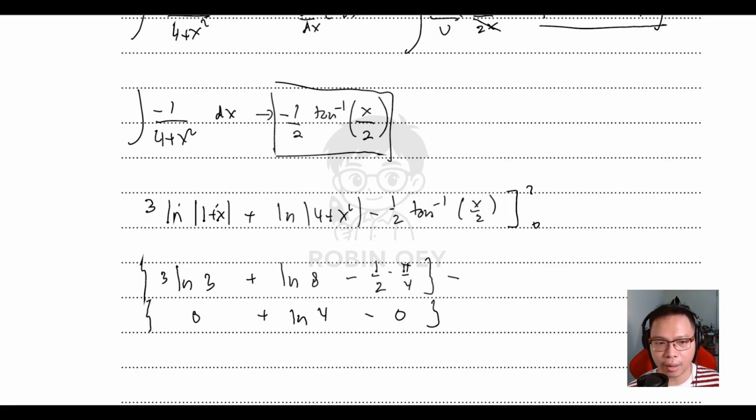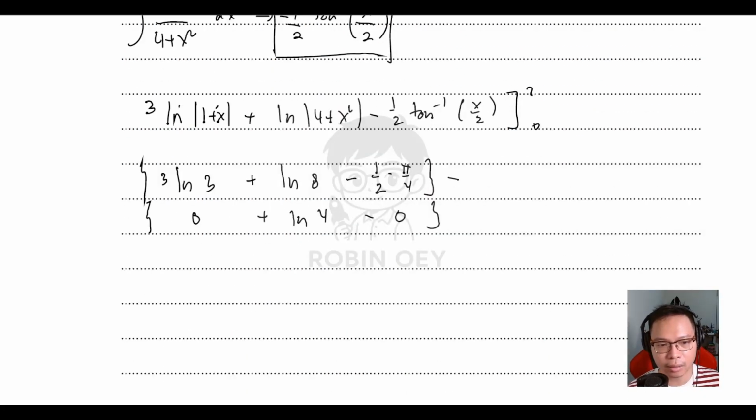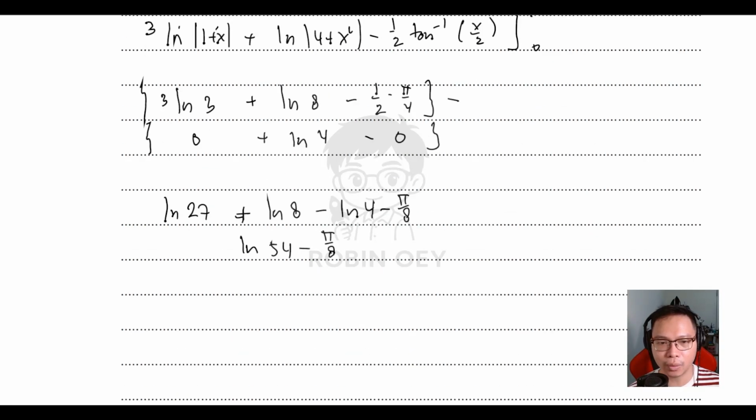Then I change 3 ln 3 to ln 27, plus ln 8, minus ln 4, and then minus pi over 8. So 27 times 8 divided by 4 gives ln 54 minus pi over 8. That is the final answer, ln 54 minus pi over 8.